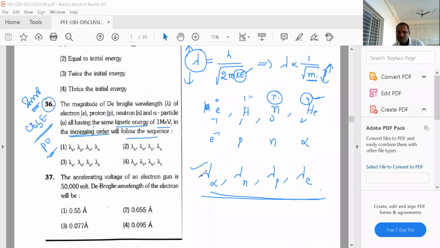So this is the smallest value, and the remaining are all larger, so it is the increasing order only. Clear? Yes. Option 3 is the right answer. Got it, students? Understanding, no?